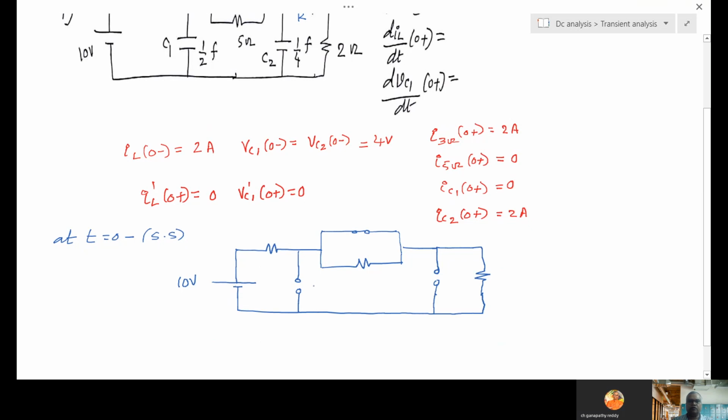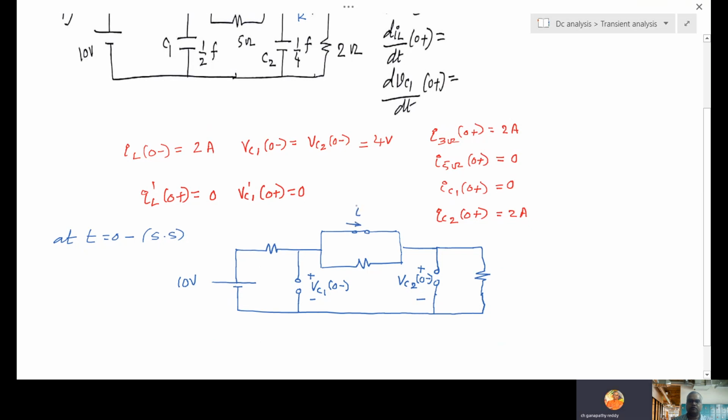Here VC1(0 minus). Here VC2(0 minus). Voltage polarity plus minus is always important.